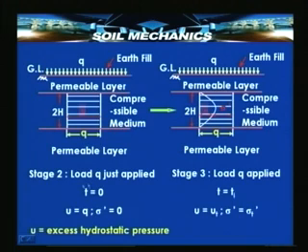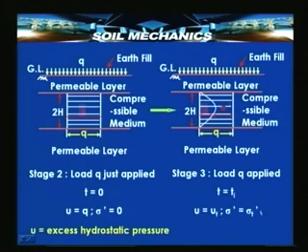Then from this second stage, where u is equal to q and sigma dash is equal to 0 at t equal to 0, we move on to any intermediate stage where t equal to t_i, and u will correspond to some remnant or remaining value of excess hydrostatic pressure, which we shall call u_i, and the corresponding effective stress that has already been transferred to the solids is called sigma_i dash. This sigma_i dash is the net effective stress that the solids are now experiencing.